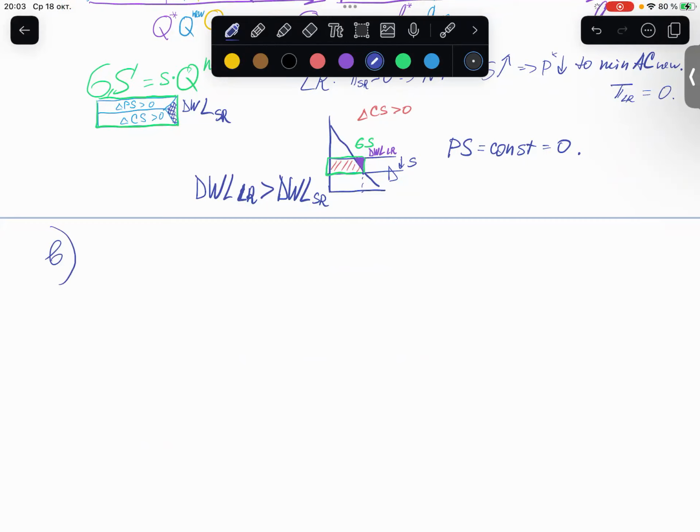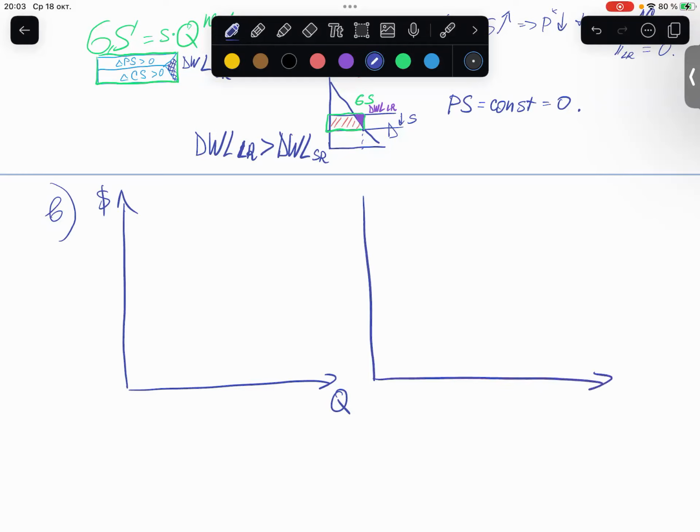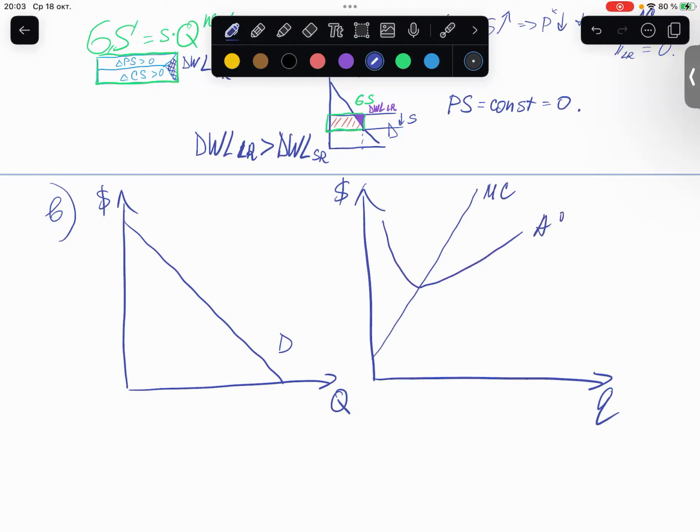So let us prepare the graph one more time. The initial equilibrium.